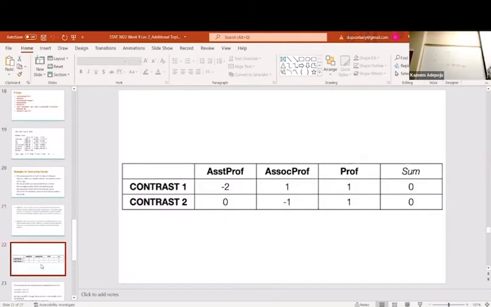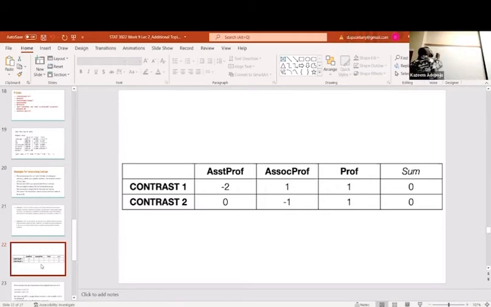Now, take a look at this. This is another way to put the weight. Under the associate professor for contrast 1, I can write 1/2, 1/2, and the other one is -1. There's no problem. This is what I'm trying to say.